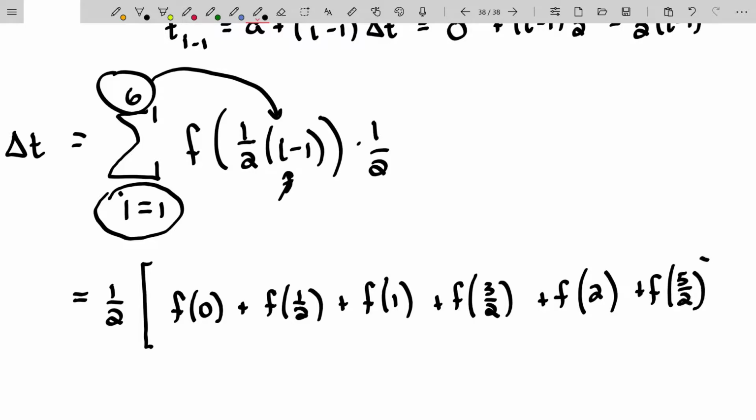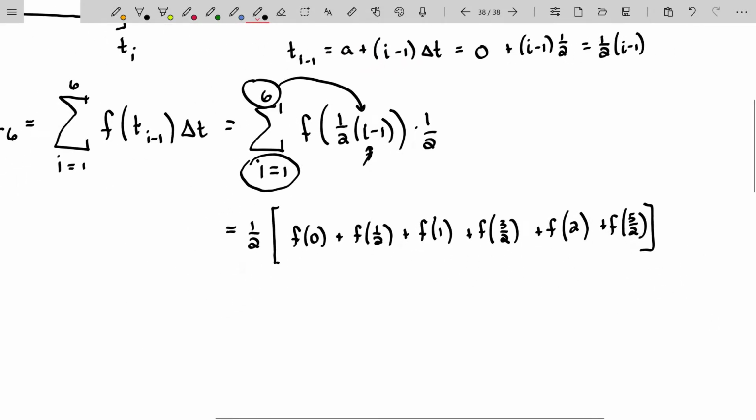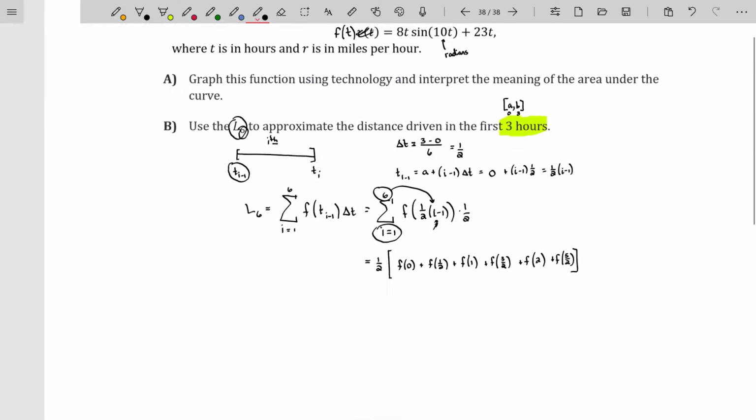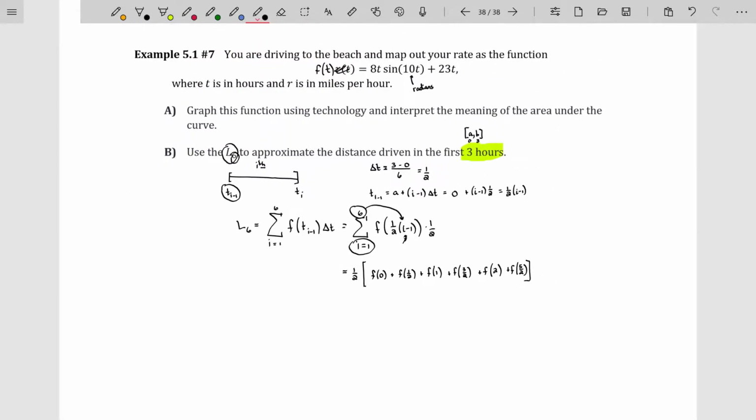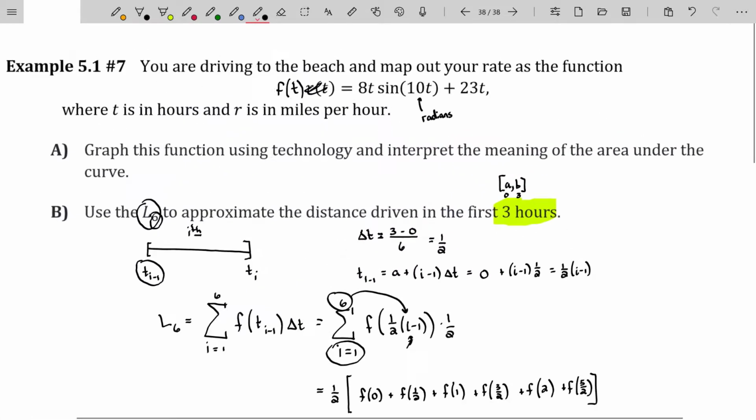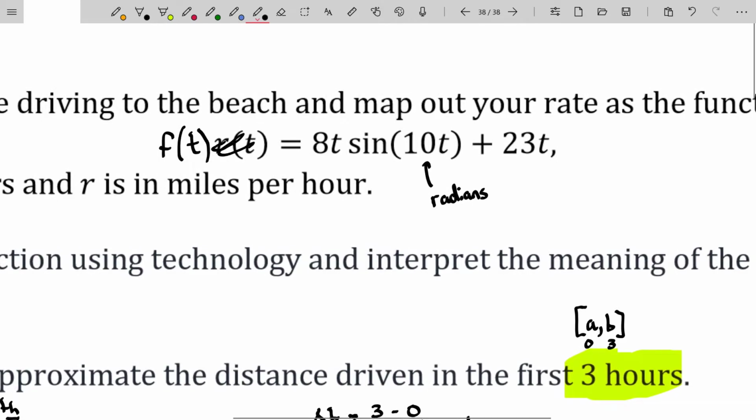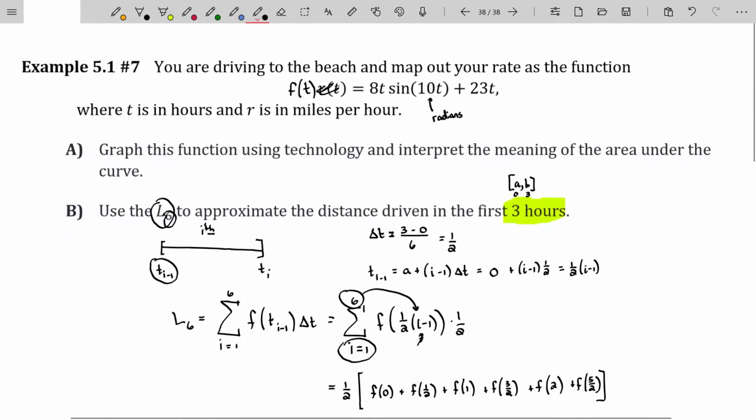There we go. And now I just grab a calculator because that's what I need to do to finish this out. I'm not going to come back to this page, so I just want to make sure you understand that at this point, all we're going to do is grab a calculator and plug those values into this function, sum them up, and multiply by 1/2.